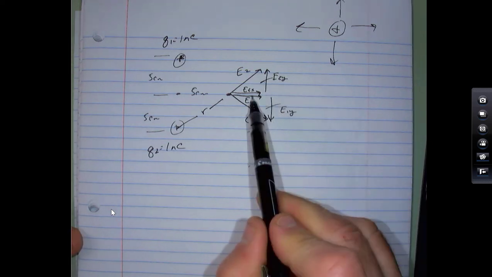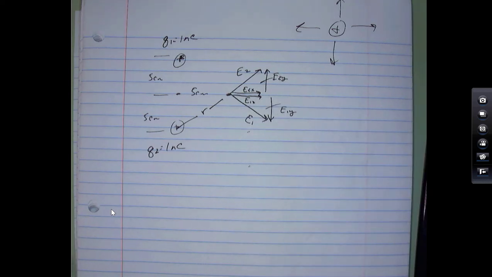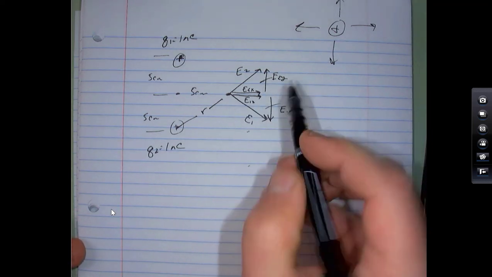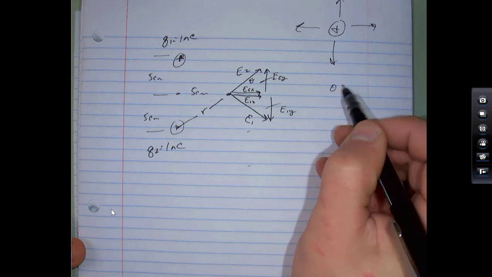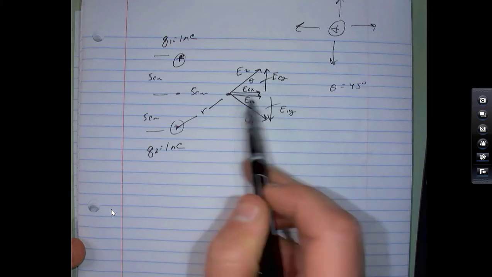So to answer question B, it's just going to be this direction, 0 degrees above the horizontal line, completely in the x direction. So we've got to figure out how much we have in the x direction. From the symmetry of the problem, theta is 45 degrees, right? This and this are the same amount.